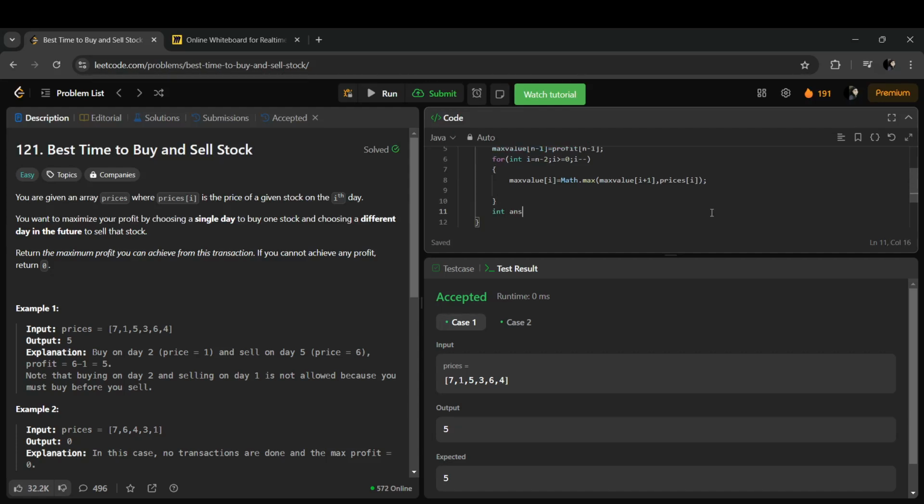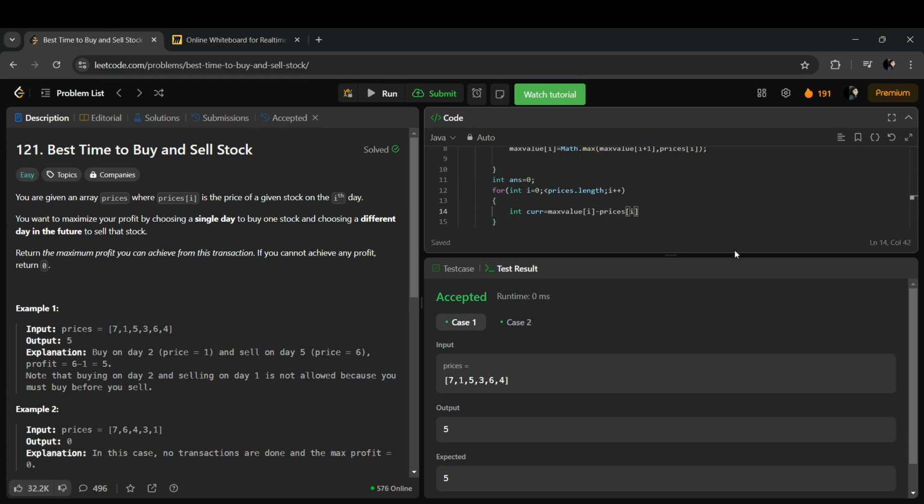Now I'm keeping my answer also. Now for int i is equal to 0, it will go till prices dot length and i plus plus. Let us take a current one and now you will be calculating it: max value of i minus prices of i.